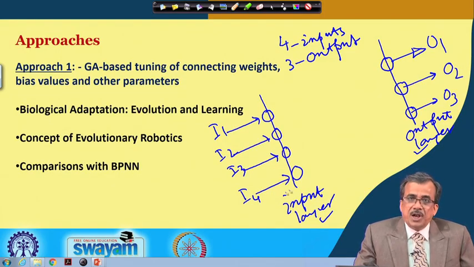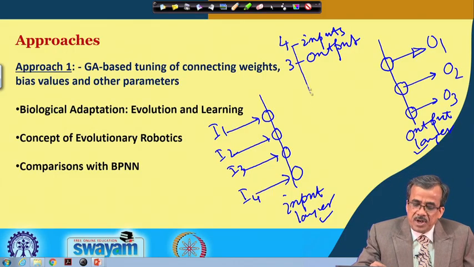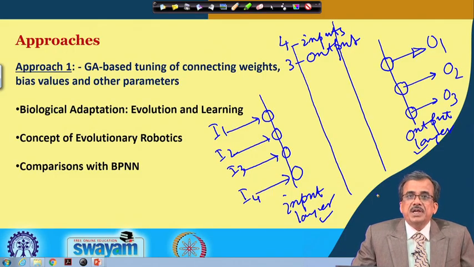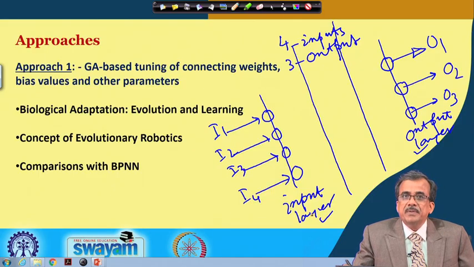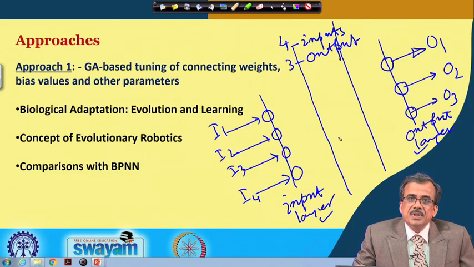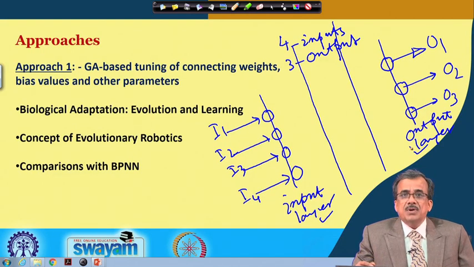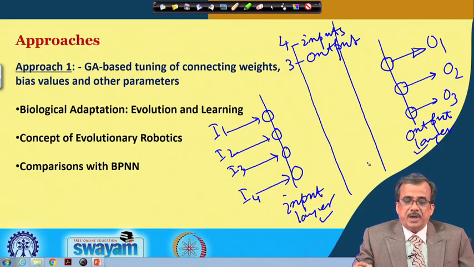Now, the topology or the architecture of this particular network depends on how many hidden layers we put in between the input layer and the output layer, and how many neurons we are going to put on these hidden layers. Actually that is going to decide what the topology or architecture of this network should be. Now, the performance of this particular network largely depends on its topology.